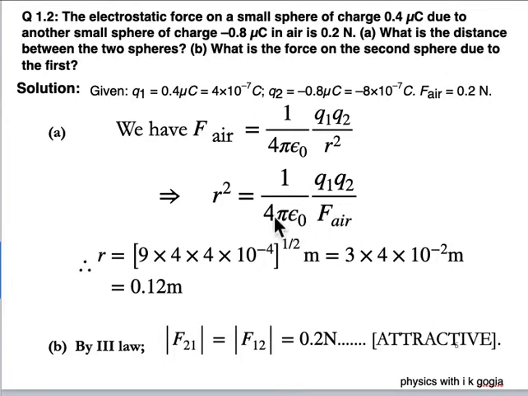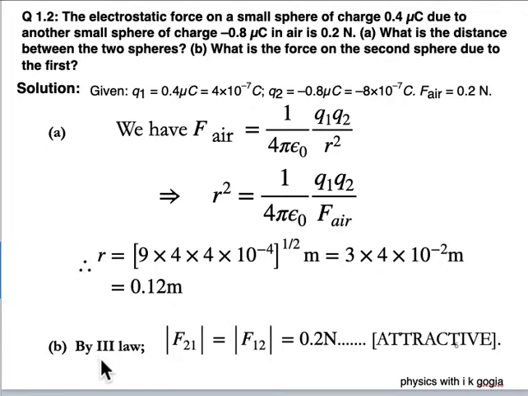So substituting the various values, we get r is equal to square root of this 9 into 4 into 4 into 10 to the power minus 4 root. Square root of 9 is 3, 4 into 4 you get 4, and 10 to the power minus 4 gives you 10 to the power minus 2 meter. So the separation is 0.12 meter.